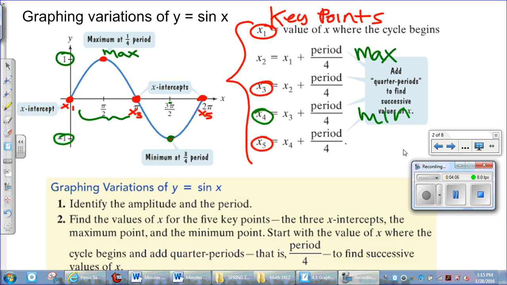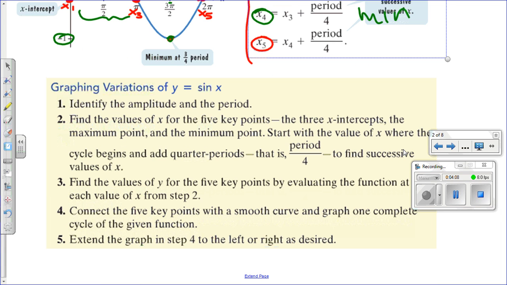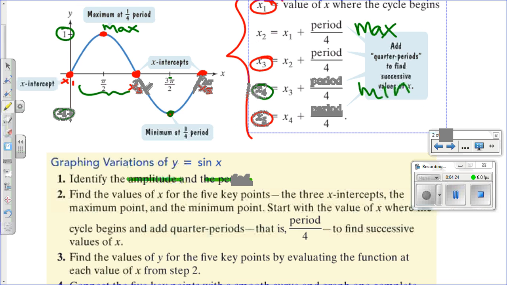So now let's look at the guidelines here. We're going to go over them, and we have something saying you need to identify the amplitude and the period. The amplitude is going to tell you how vertically stretched your graph will be. The amplitude is actually defined as the distance from the maximum point to the minimum point divided by 2.